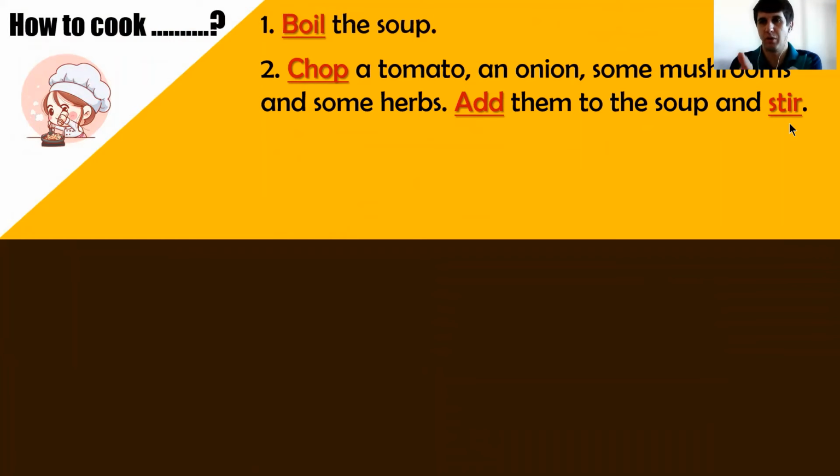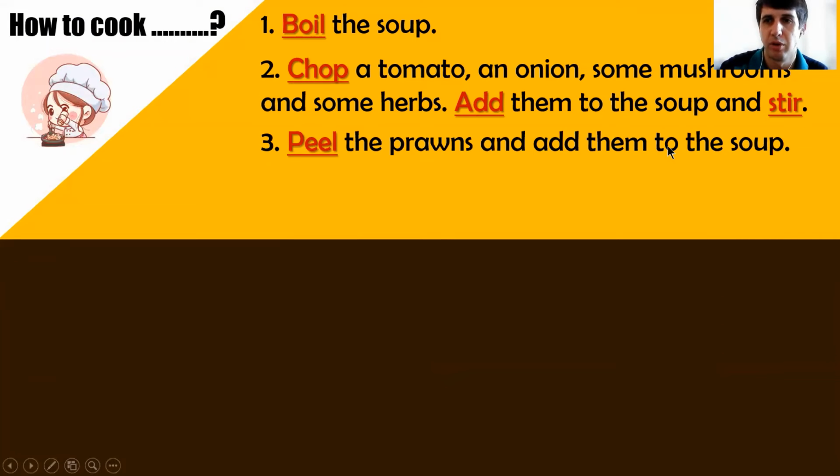So that means take all the vegetables that are chopped, put them in the soup, and stir. Peel the prawns and add them to the soup. So prawns have a skin we can peel away before we eat them.